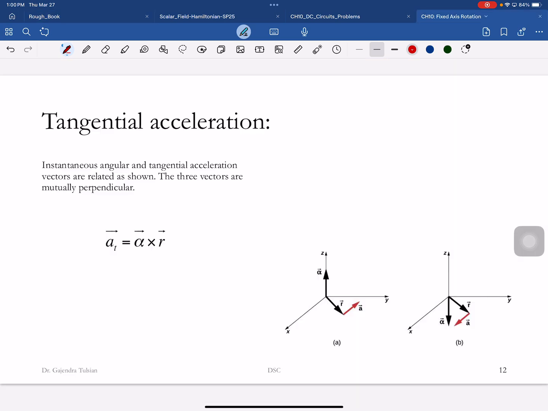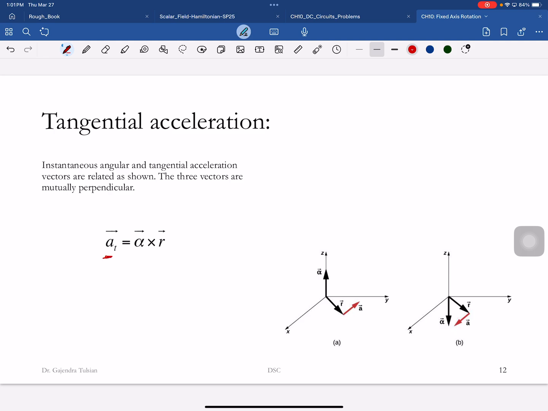All right, let's get back to the wheel. As I'm spinning it faster, the speed of each point is changing.